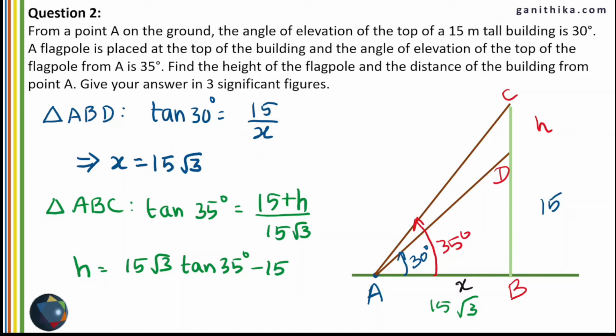So, rearranging, H is equal to 15 root 3 tan 35 degrees minus 15. Using your calculator, you can find this as approximately equal to 3.19 meters to 3 significant figures. So it's better to use 15 root 3 from the previous section as it is so that you get a more accurate answer. So this is the solution for question 2.